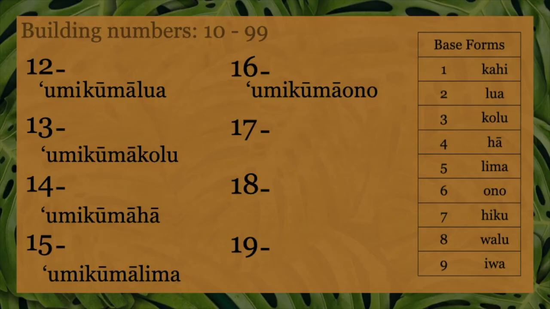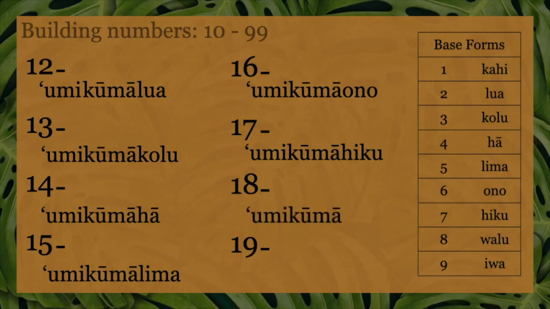Umikuma ono, not umikuma ono, because there's no okina. 17, umikuma hiku. 18, umikuma valu. And 19, umikuma iva. And again, we need that diphthong. Umikuma iva.